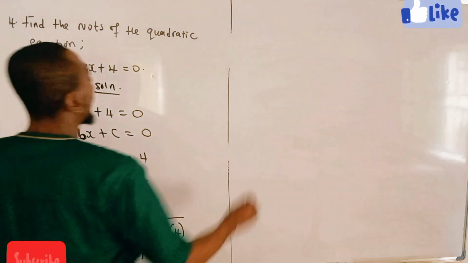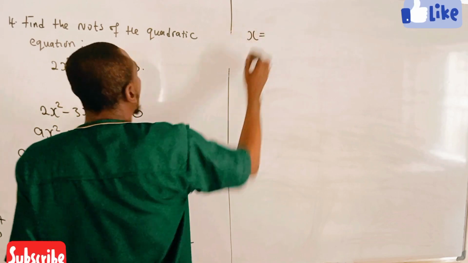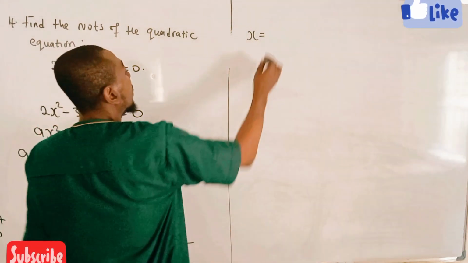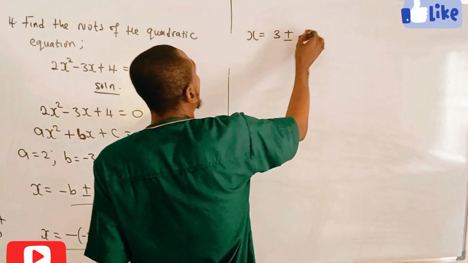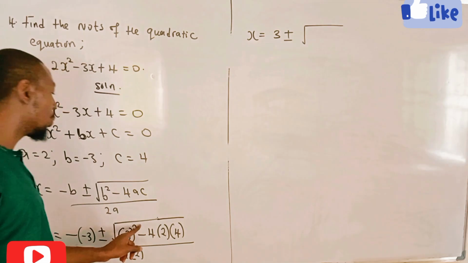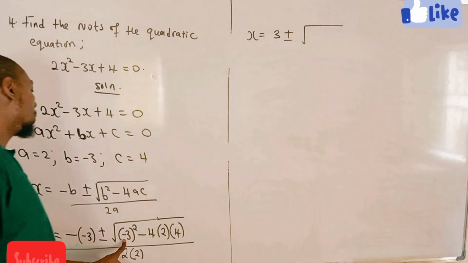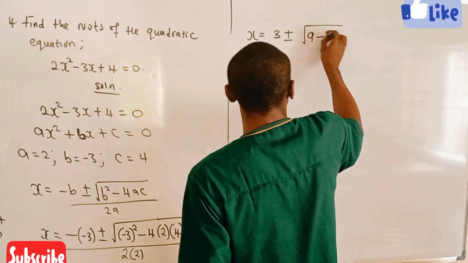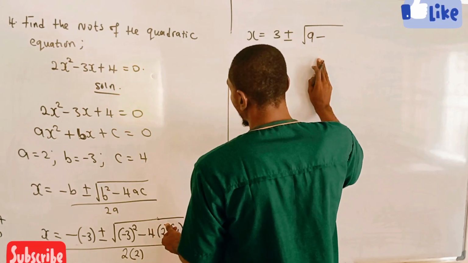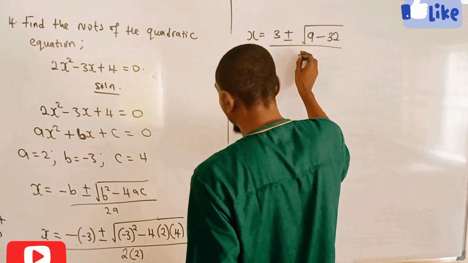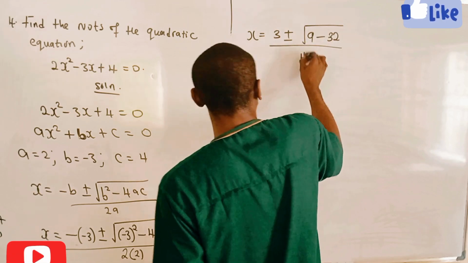Okay, so we have x is equal to negative negative is positive, so we have 3 plus or minus the square root of minus 3 all squared will give us plus 9, so we have 9, then minus 4 times 2 is 8, and 8 times 4 is 32, all over 2 times 2 is 4.